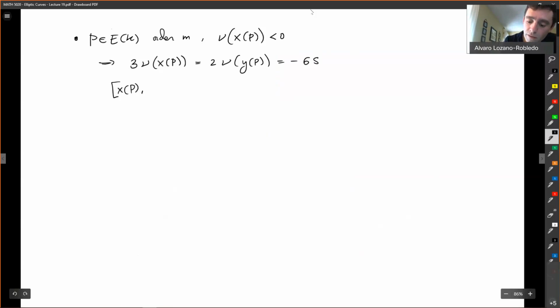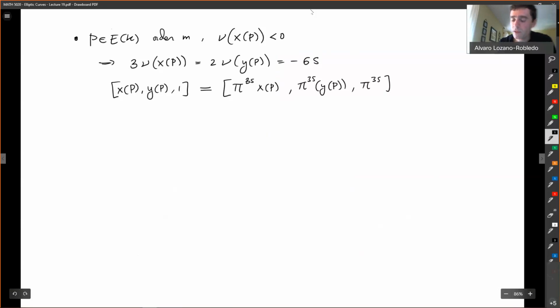x of p, y of p, 1, if I multiply through by pi to the 6s or pi to the 3s, it is going to be pi to the 3s x of p, pi to the 3s y of p, pi to the 3s.